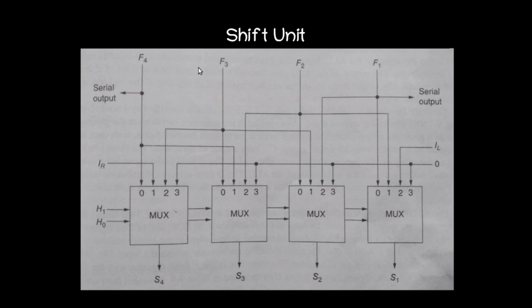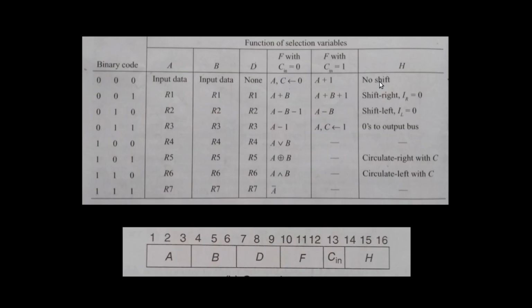Whatever the value from the ALU, it will not affect this. The zeros will be selected irrespective of the value given here. So that operation is zeros to output bus.